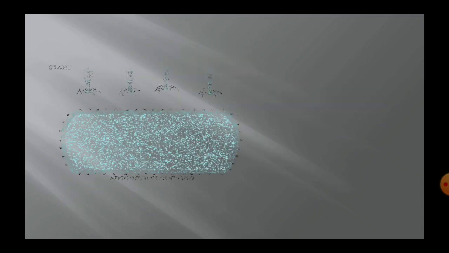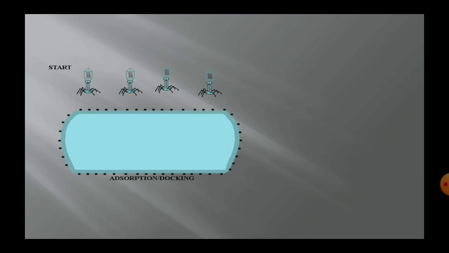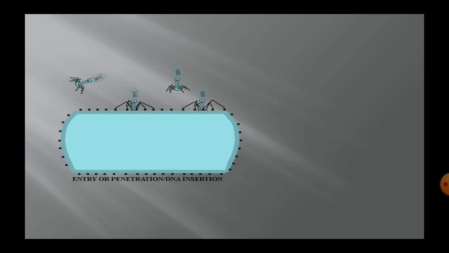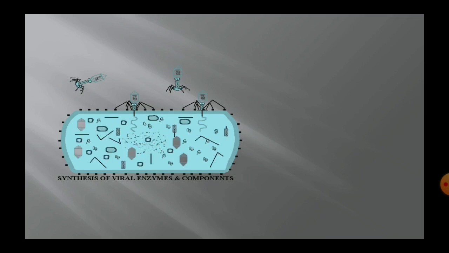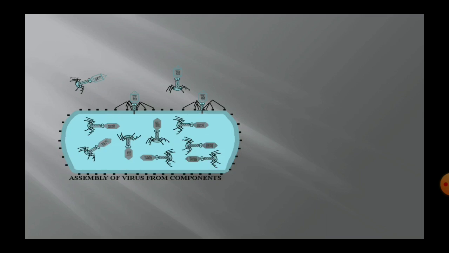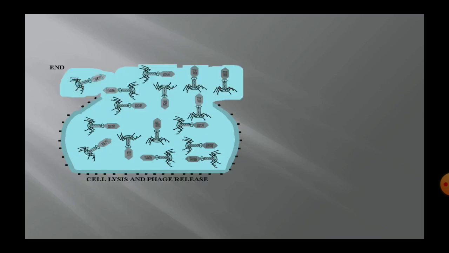Okay. So when T2 bacteriophage is allowed to infect E. coli cells, what happens during the course of infection? The T2 bacteriophage attaches to the host cell, the E. coli cell. It injects DNA into the host cell, and the host cell treats the foreign DNA as if it is its own DNA.